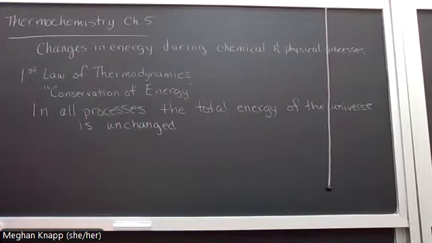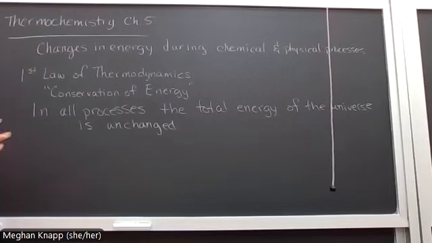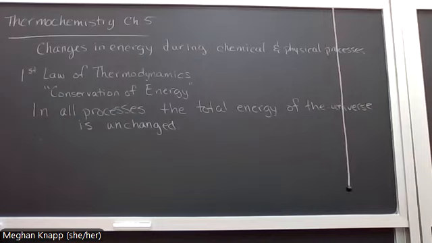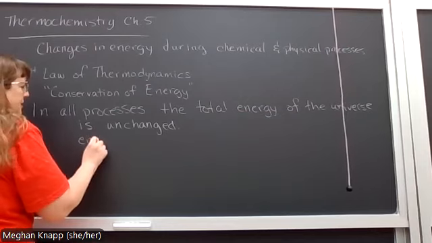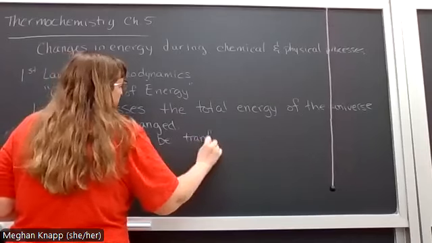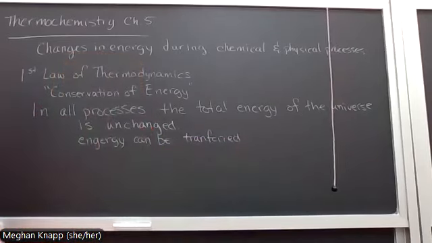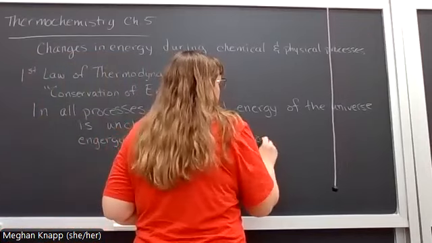But instead of measuring just what's going on with our reaction, we are looking at the entire universe. So in all processes, the total energy of the universe is unchanged. But we can have changes of what kind of energy we have and what has the energy. So energy can be transferred, from one thing to another, or transformed.